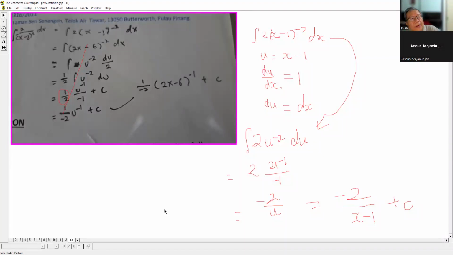Ready? Wait. Okay. Now, before I give you another question, so far, can you follow this one? Let it be u: whatever is inside the bracket there, you call u. Then you start to change everything to u, then integrate. Can follow? Can. Okay. So now I give you another question.